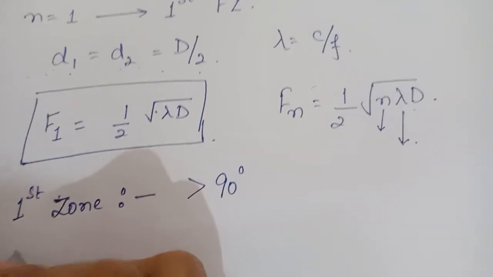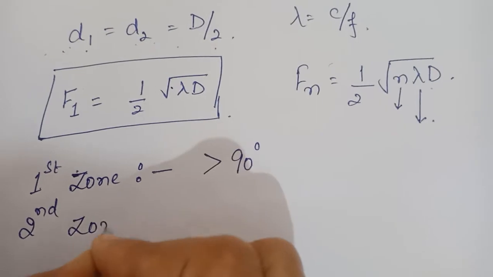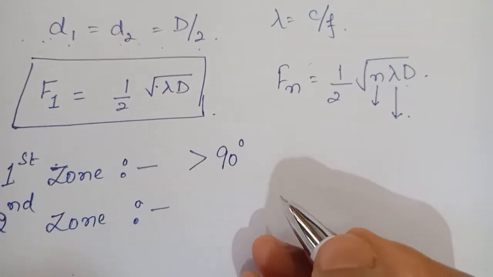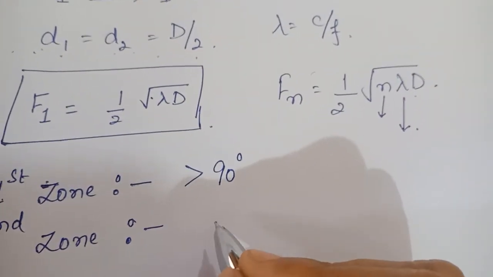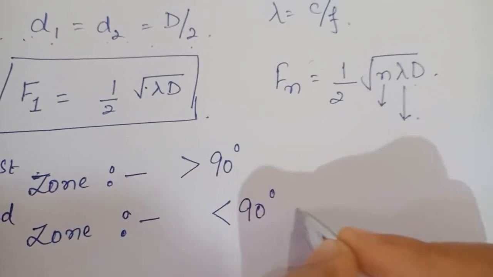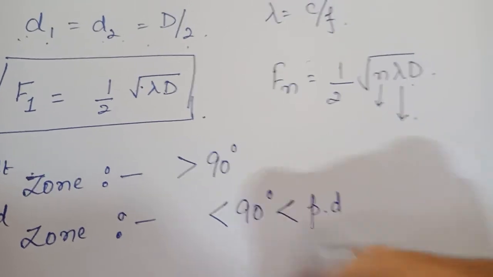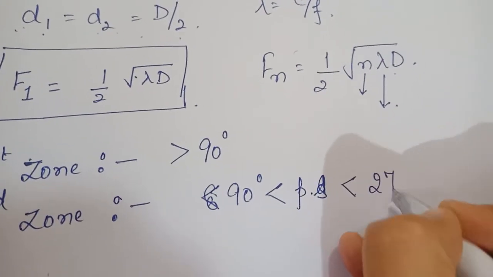Okay. So when your signal is traveling through the second zone and encounters any type of obstacle, in that case your phase shift will be greater than 90 degrees, but less than 270 degrees.